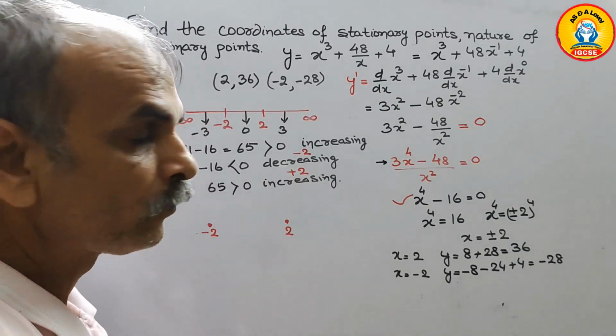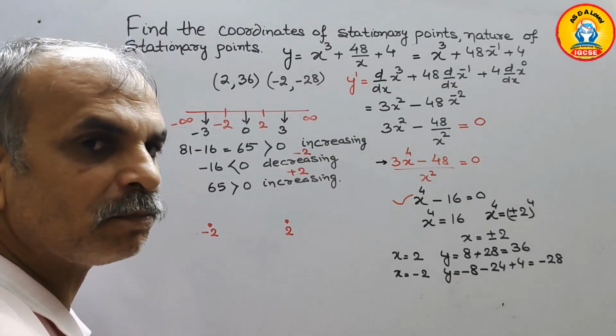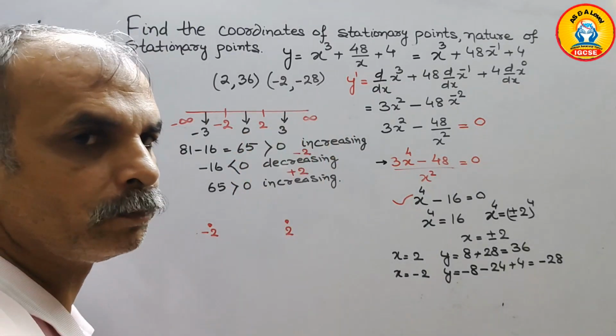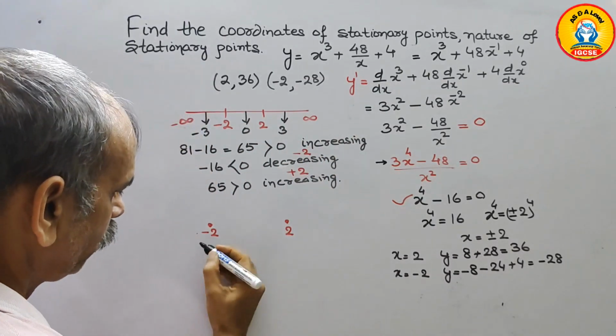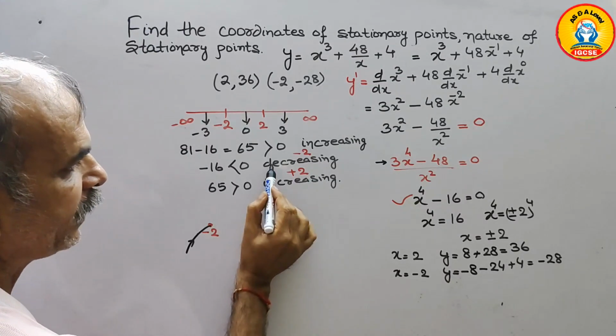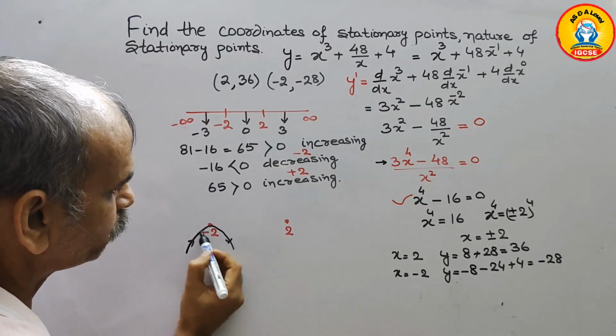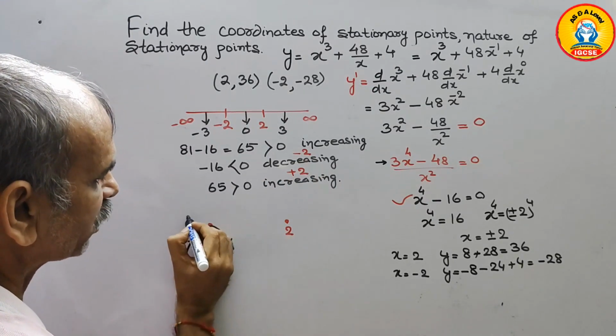First you can see it is increasing, that means it goes from down to top. Next it is decreasing, like this. So this point is your maximum point.